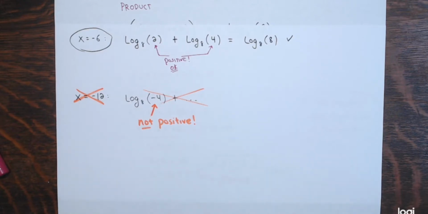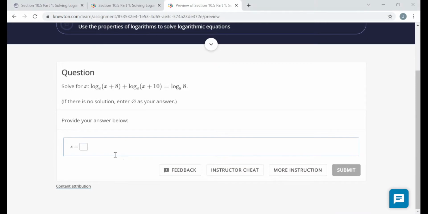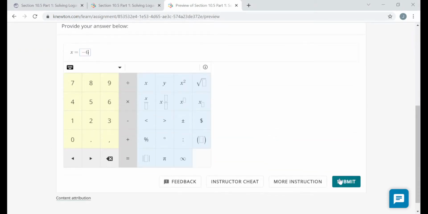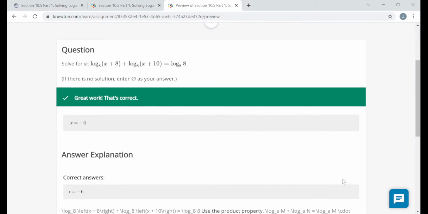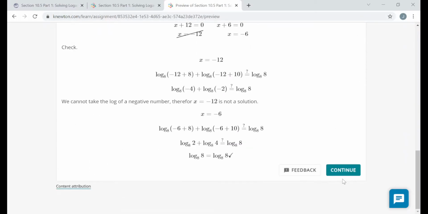Okay, so back here, x equals negative 6 only. Wonderful. And once again, read through the answer explanations. All right, next question.